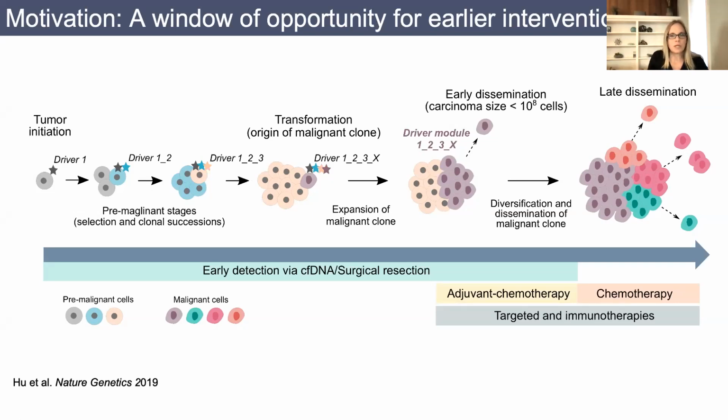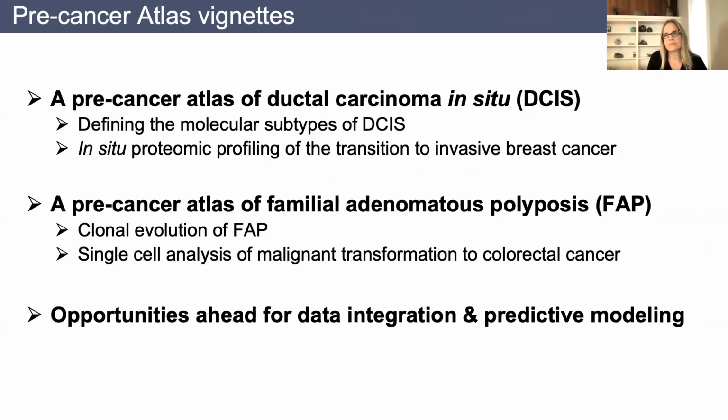And so with this, today I'll speak to just several vignettes emerging from our precancer atlas of ductal carcinoma in situ, and I'll talk about how we've started to discover new molecular subgroups of disease, as well as how we've leveraged in situ proteomic profiling to define critical transitions during progression to invasive disease.